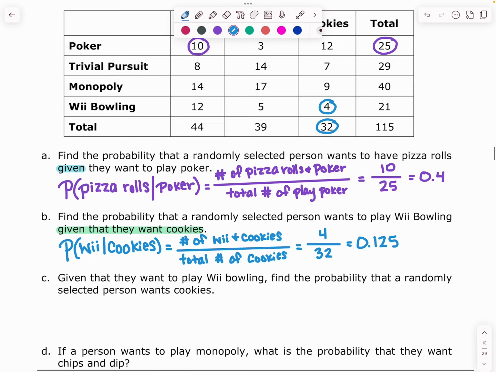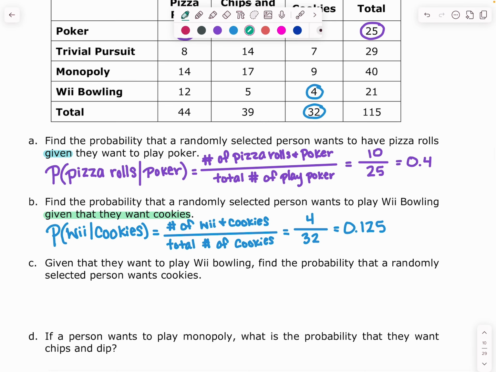The next one is very similar, but a little bit different. Given that they want to play Wii Bowling, find the probability that a randomly selected person wants cookies. This one looks similar, but it is not the same.